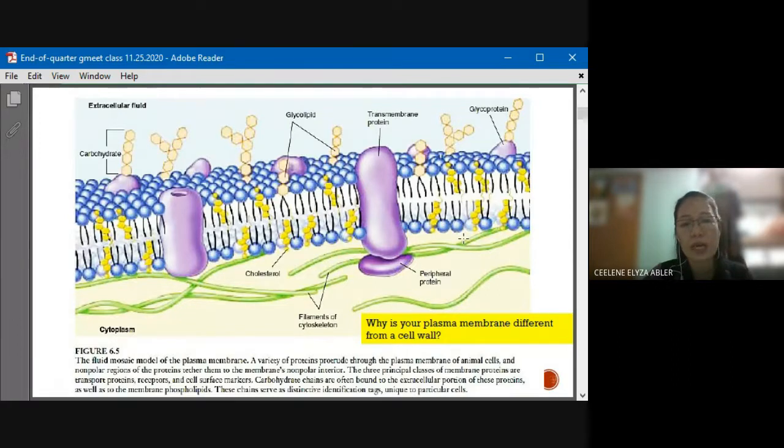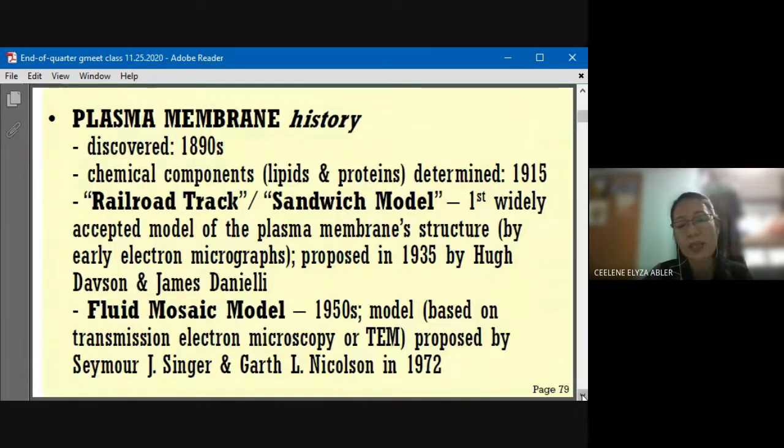Okay, so yan siya ang nire-refer niya. But this one actually cannot explain yung semi-permeability of the cell. So kaya tayo nagkaroon ng mga parang studies na okay, isn't acceptable because hindi niya kayang i-explain some of the characteristics of a cell, including its semi-permeability.